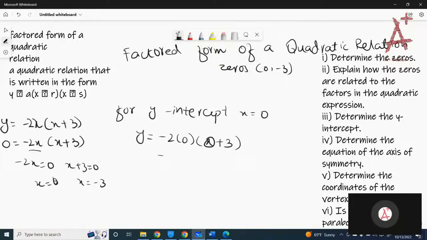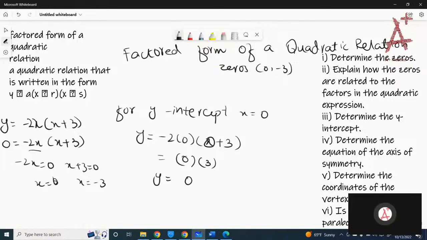So 0 times -2 is 0, and 0 plus 3 is 3, but 3 times 0 is 0. So the y-intercept is 0. Whenever you have to find the y-intercept from the equation, you just need to put x equals 0 in the equation. Got it?